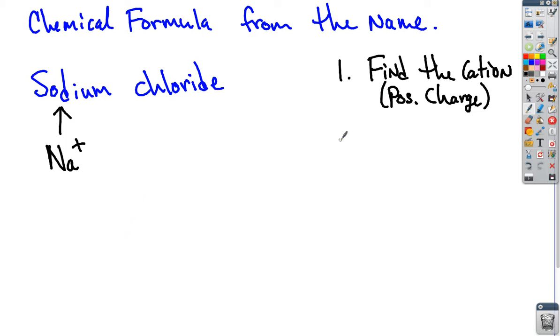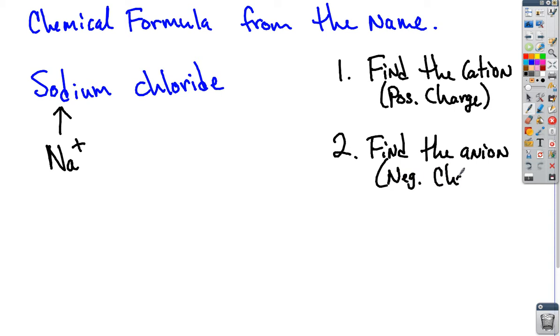Okay. Step two is find the anion. Now, the anion is the negative charge. And in this case, the anion is chloride, Cl minus. Now that I have my ions here, I can take a look at their charges, and I can use the good old crisscross method if I choose to, but I don't need to in this case because they are equal in size.